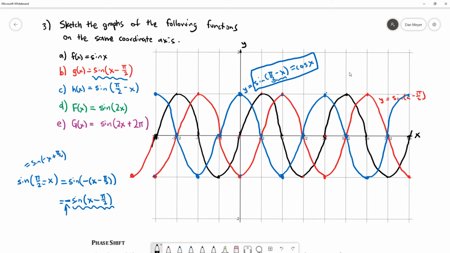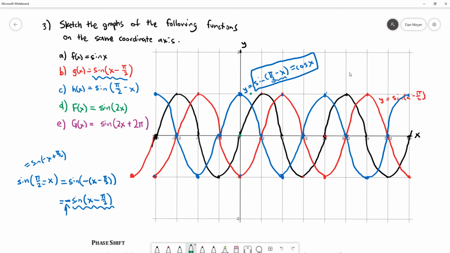If I look at sine of 2x, draw the green graph. Sine of 2x is going to compress everything by a factor of 2.